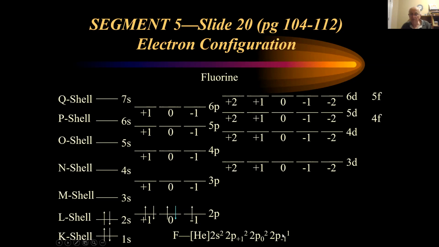I could lose all 7. Fluorine's never going to do it. But I could lose all 7 and go back to the helium core. That would be a possible charge for the elements of group 7. Okay, but a more likely charge is to put an extra one in here. That way I have all these orbitals full.